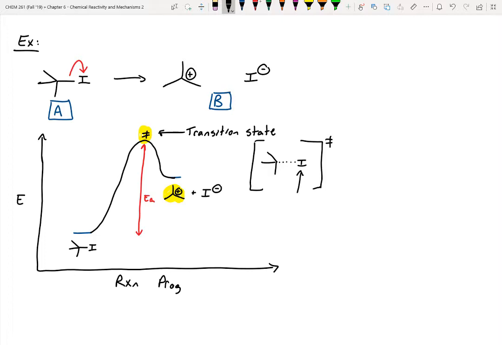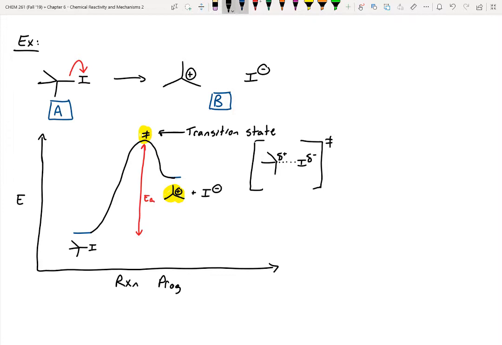So this iodine right here isn't quite neutral. Is it fully negative like on the product side? No, it's kind of somewhere in between. So what we could do is show delta negative, right? To say this is partially negative. Not fully negative yet. It's not all the way detached, but partially detached. Then over here, we could say that this is partial positive on the carbon.